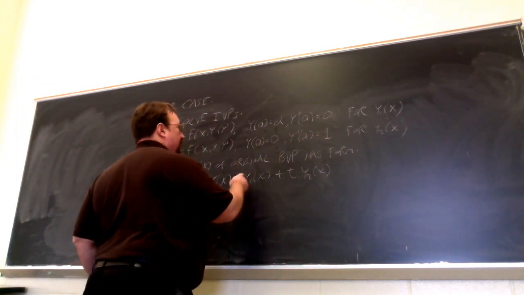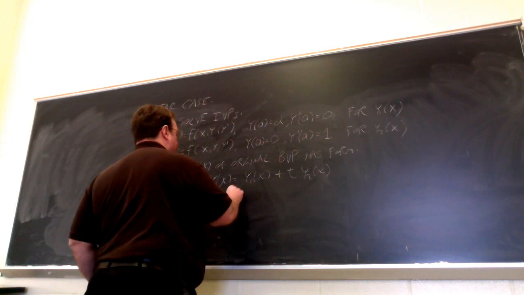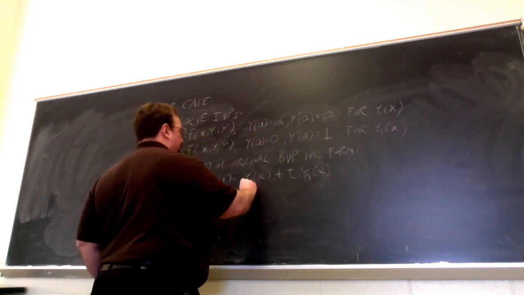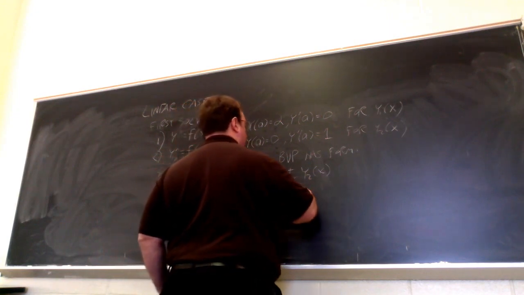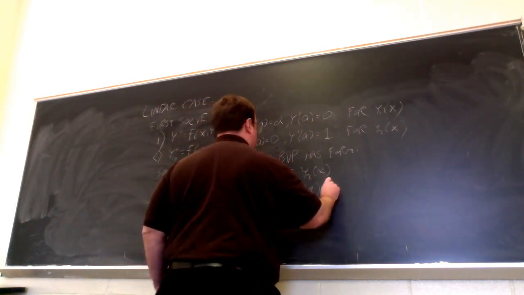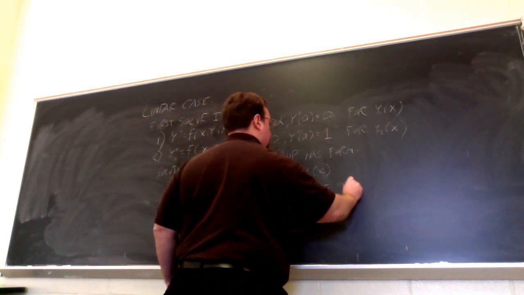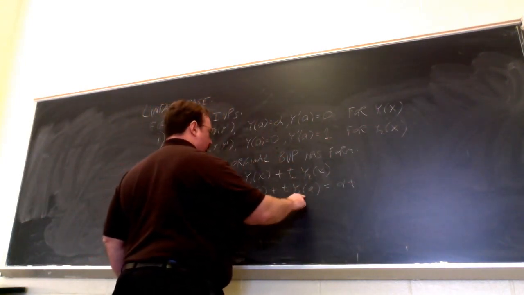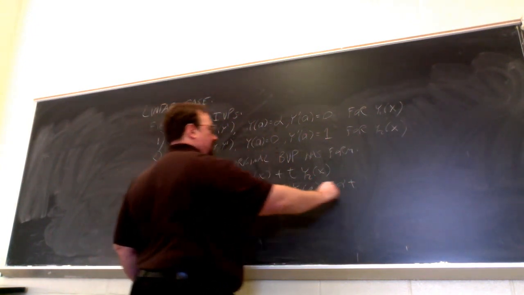Because if I go ahead and plug in x equals a and x equals b, y of a is going to be y1 of a plus t y2 of a. But y1 of a is alpha, and y2 of a is 0.